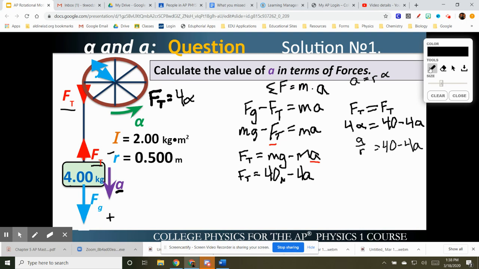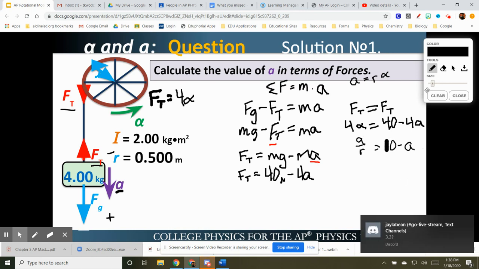So I can change this side to be 10 minus A. Units, Jayla.